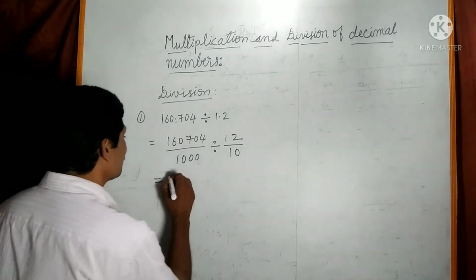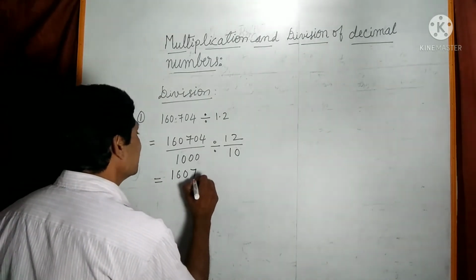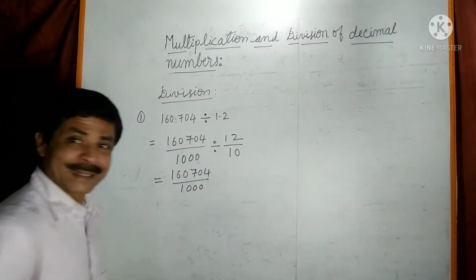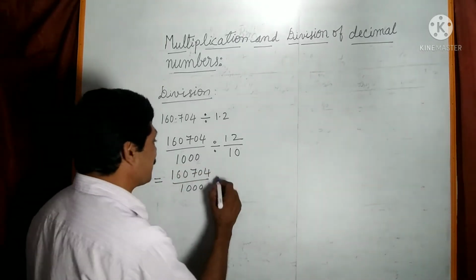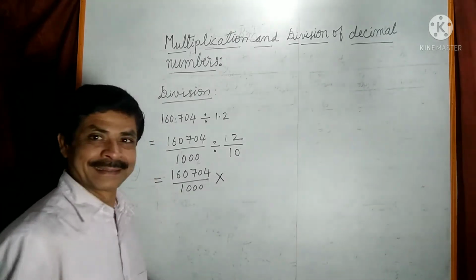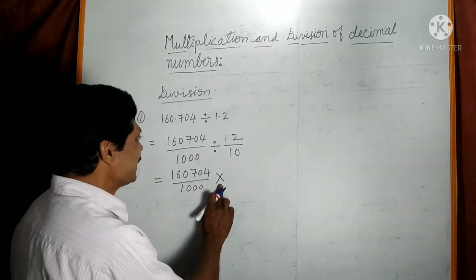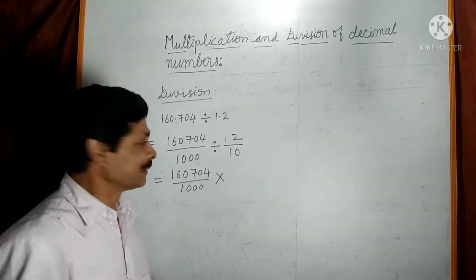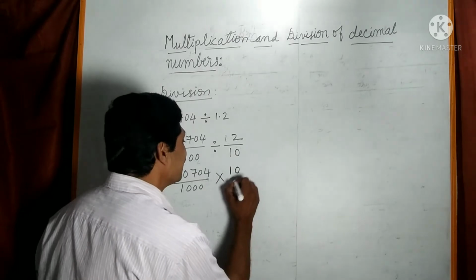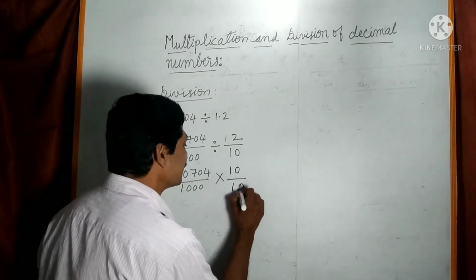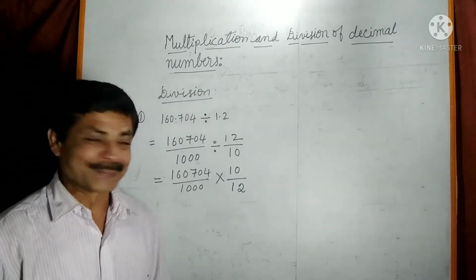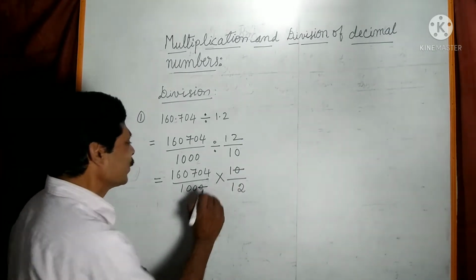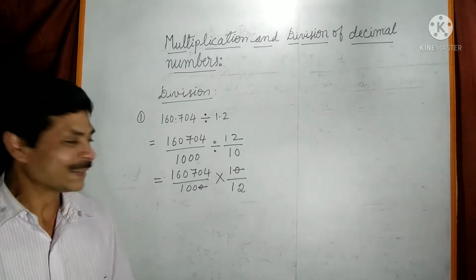This is equal to, divided by 1000. Now we will multiply this. We will put the multiplication sign so that here you will take the reciprocal. So this will become 10 divided by 12. Now we will cancel 1 0 here and 1 0 here.